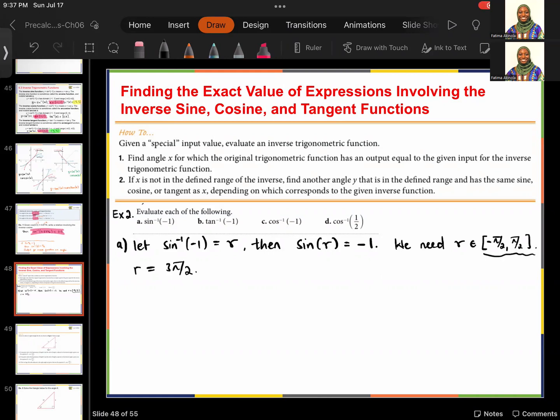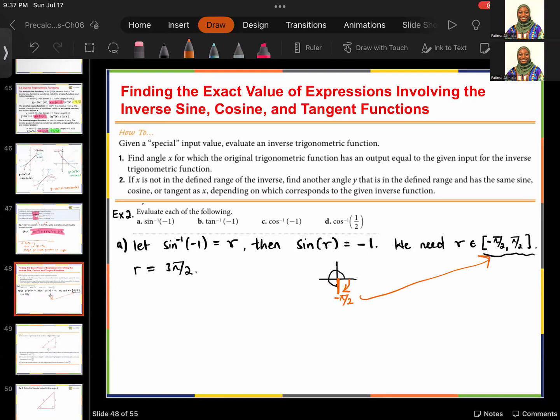You can do that by going counterclockwise, because this is 3 pi over 2, so it's this line. If we came this way, this would give us -pi over 2. And that is in there.